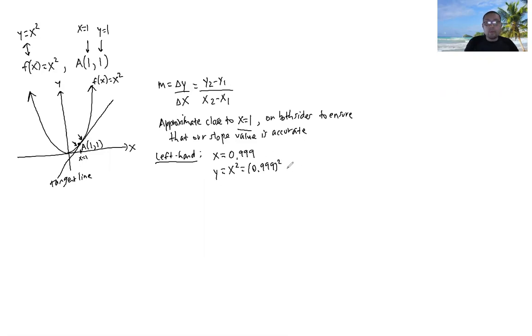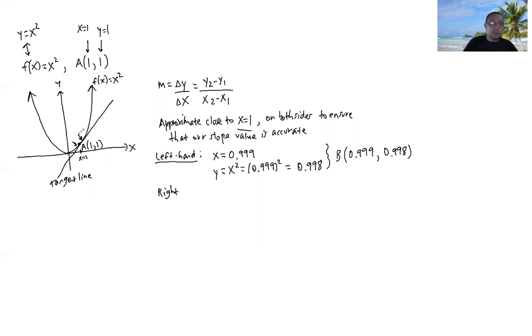And that's going to give you a y value of 0.998001, approximately 0.998. So now you have your x-coordinate and your y-coordinate for your left-hand approach. Let's call this coordinate B, and this is going to be 0.999, that's your x, and 0.998, that's your y, okay? So left-hand side coordinate done.